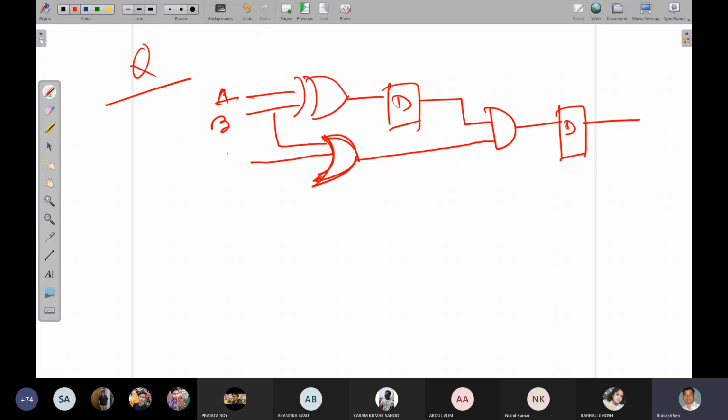That is the question. This is an OR gate, this is an AND gate, this is a NAND gate. Is it clear or not clear? Yes, sir. And sorry, here there is an inverter. Now this is your circuit.